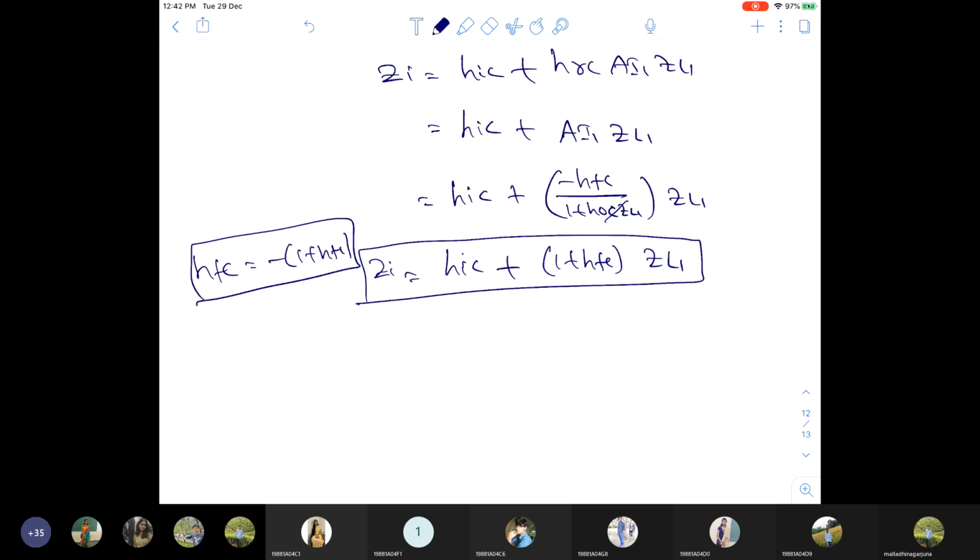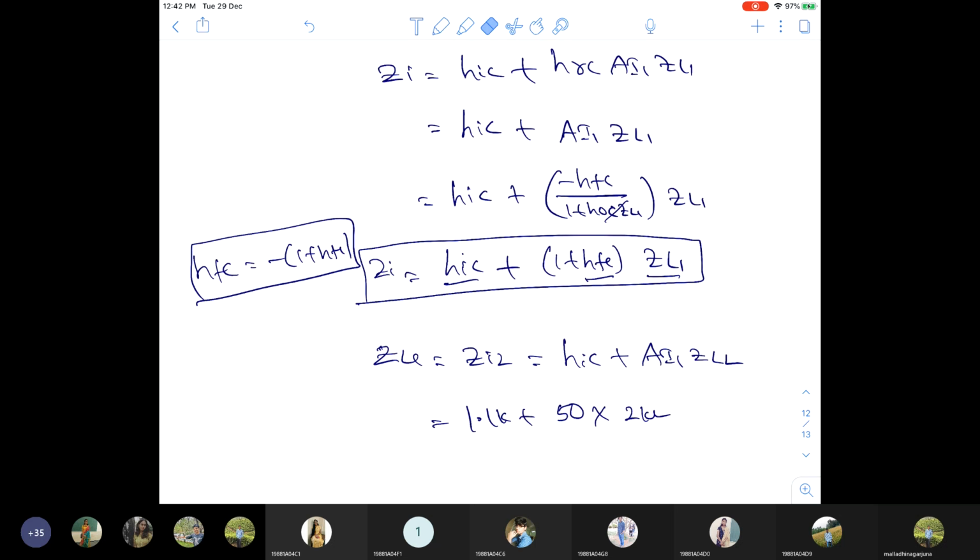Okay. To verify this ZI, we know the value of HIC, we know the value of HFE, and ZL1 we have to calculate. So ZL1 is equal to ZI2 equal to HIC plus HRC AI1 into ZL2, for example. So HIC is 1.1K plus AI is, for example, let us assume 50. ZL2, just for example, I was taking 2 kilo ohm, but actually we will take 10K.